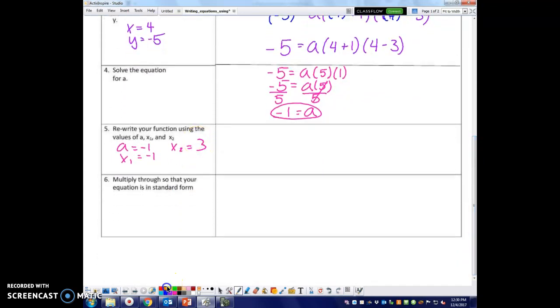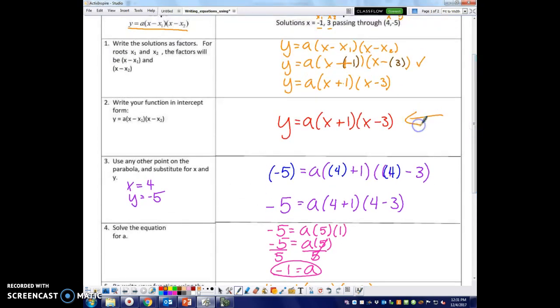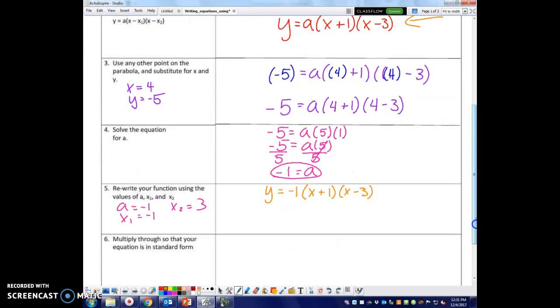Okay, so let's rewrite this. So we have y equals a, which is negative 1, (x plus 1), remember, and (x minus 3). You can go back and look here if you need to. You're just replacing the a. Okay?